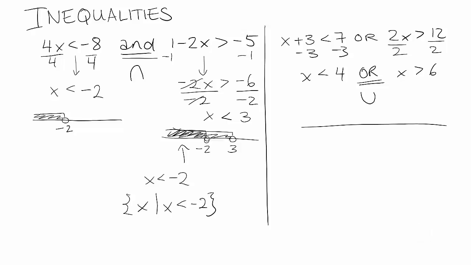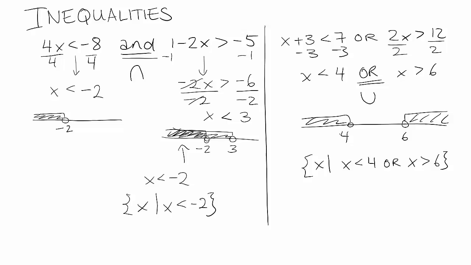So x is less than 4 are included, as well as x is greater than 6. So we would include both. You could write this as the set of x's such that x's are less than 4 or x's are greater than 6.